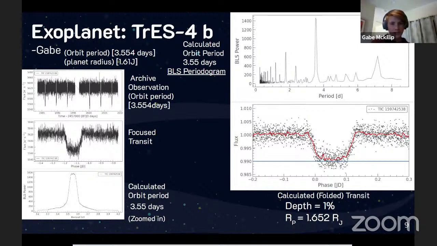And then I took the BLS periodogram. Like you said, it fits the best box for each transit, and it tells us the depth and period.